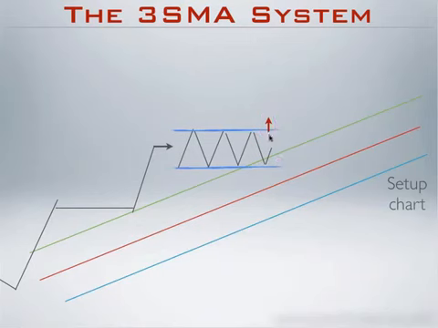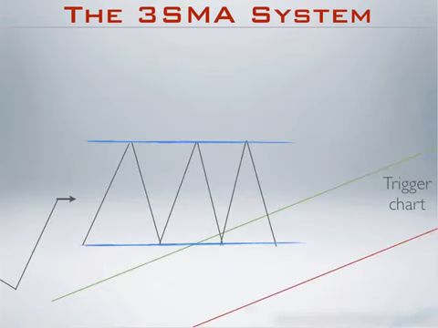So as price begins to tick above the range boundary on the setup chart, we zoom into the trigger chart, into the shorter time frames, and we wait for our standard breakout pullback continuation pattern. Obviously the entry would be just above the breakout thrust, and our stop loss would go immediately below the pullback aspect of this pattern.